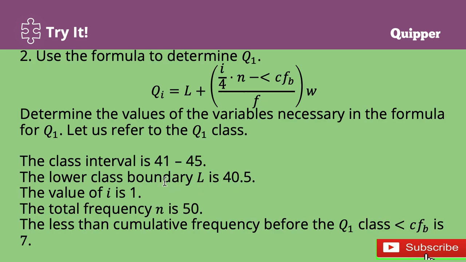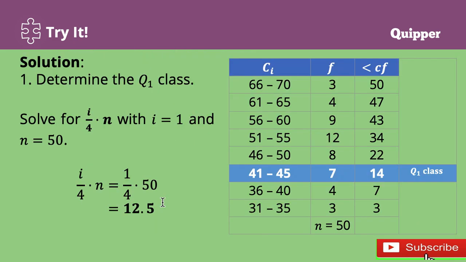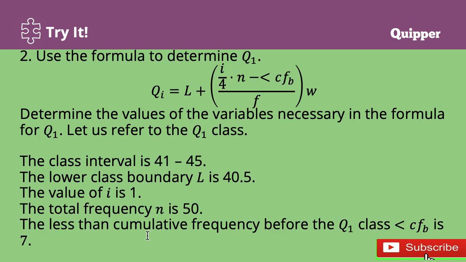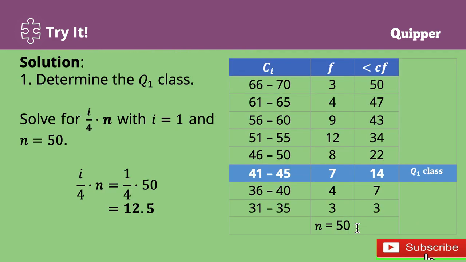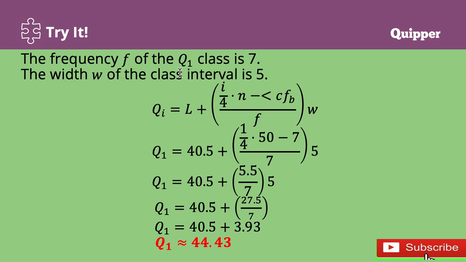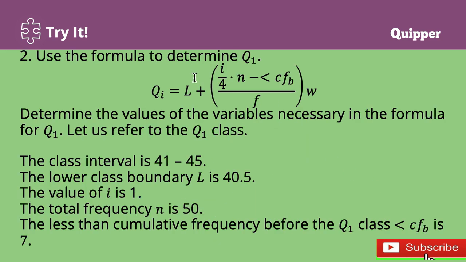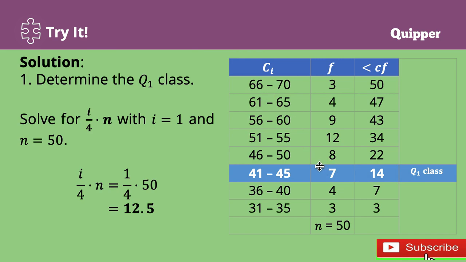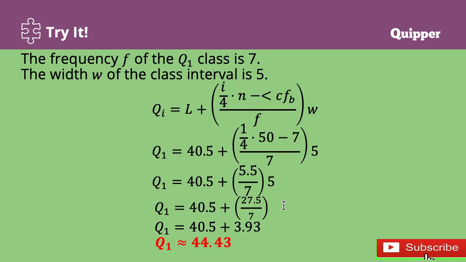And the value of i, of course, is 1 since we are looking for Q sub 1. Then the total frequency here is 50. The less than cumulative frequency before the Q sub 1 class is 7. The frequency of the Q sub 1 class is also 7 here. And the class interval is 5.